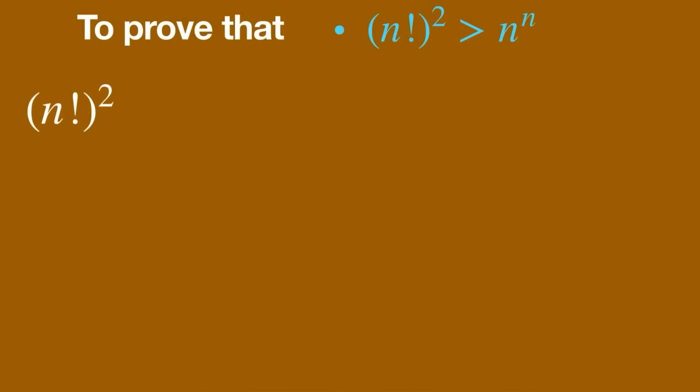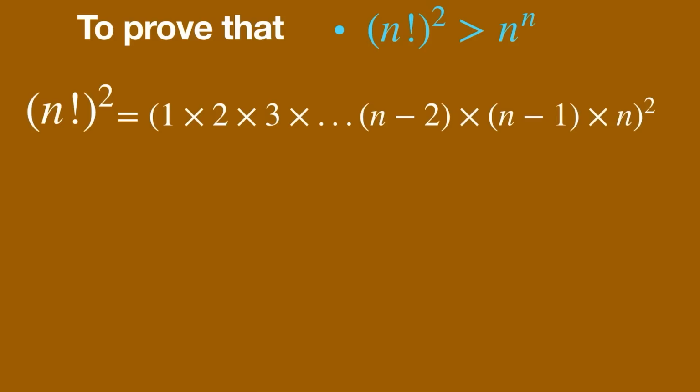Now see, what will be the expanded expression of (n factorial) square? We know it: 1 into 2 into 3 into up to n minus 2 into n minus 1 into n, whole square. It's in increasing order.